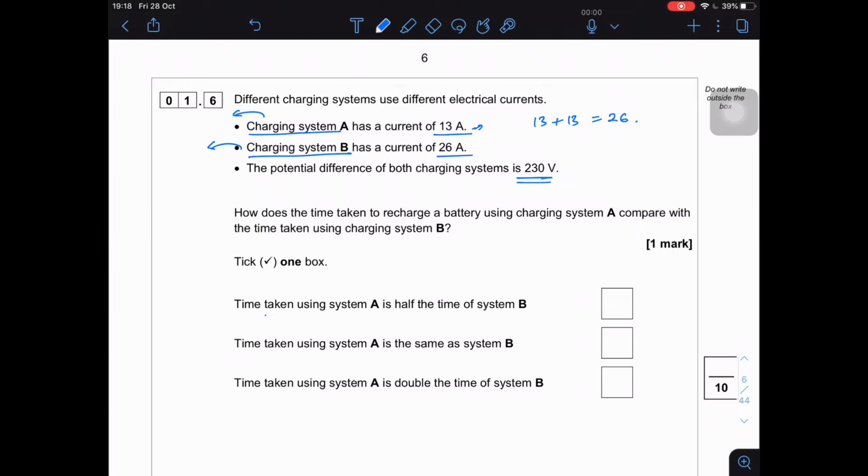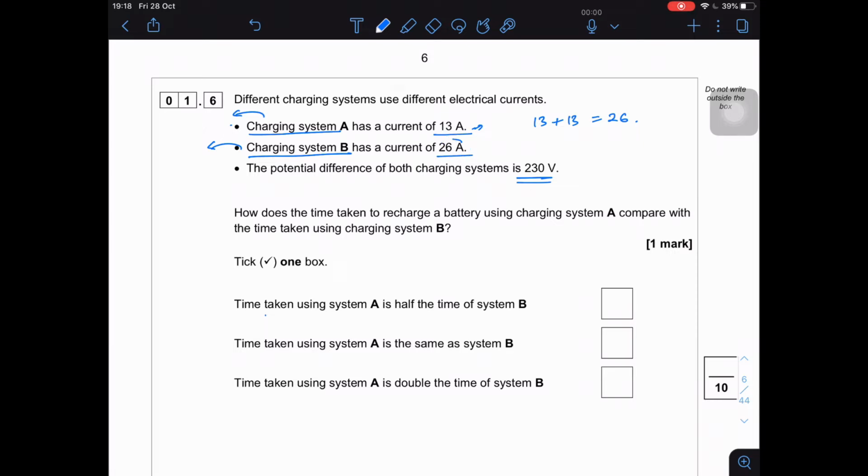Essentially, the first system, that is A, will take double the time to charge compared to B, because each second you're getting 26 in one, whereas in the other you're getting 13 amperes.